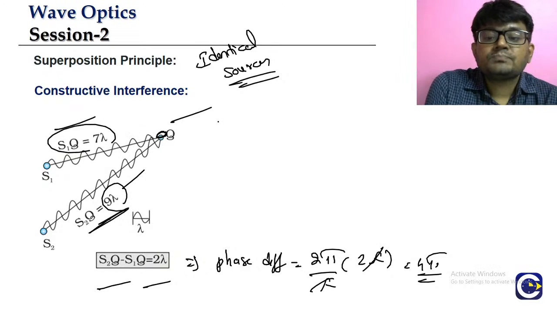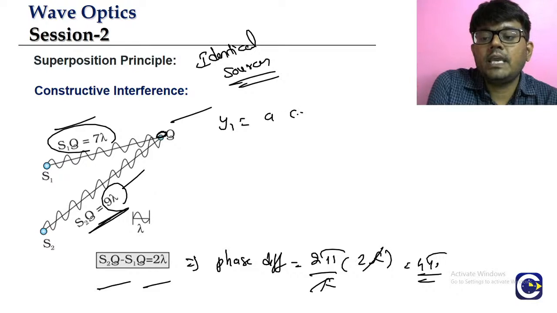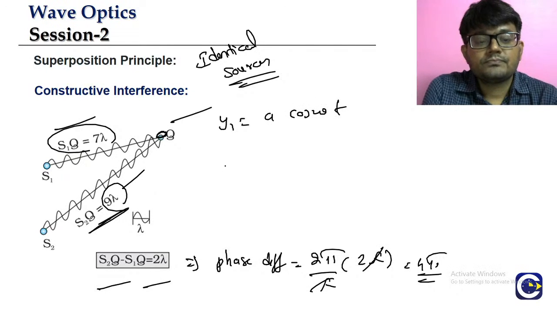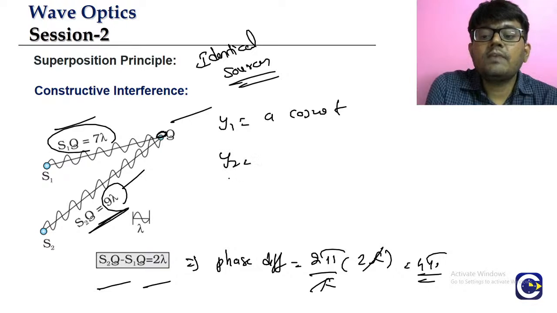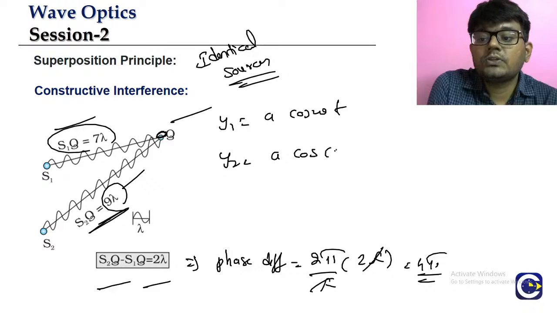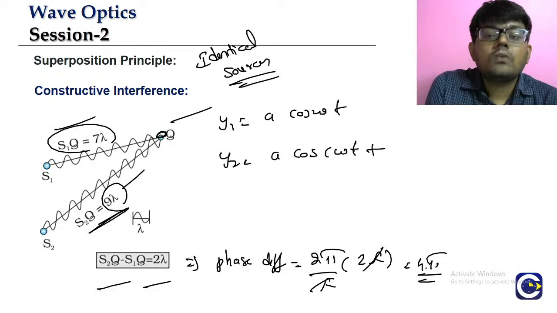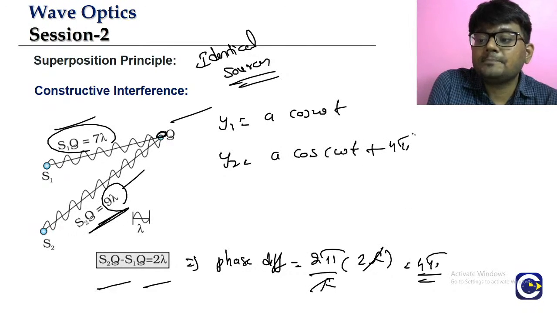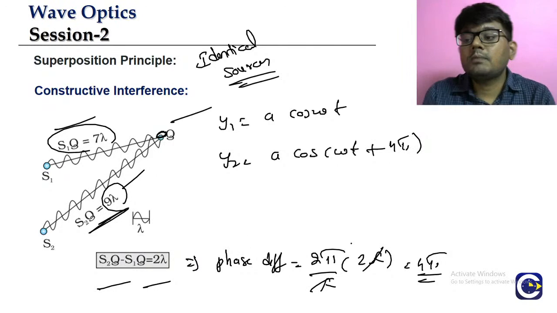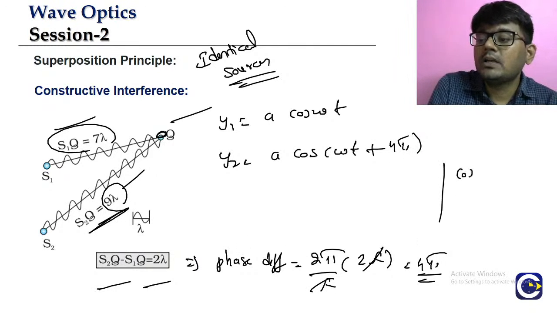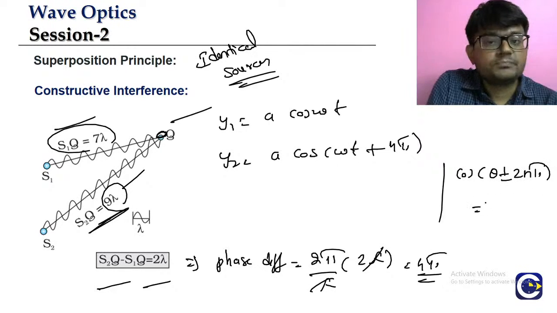Now if the equation for the wave coming from source 1 is A cos omega t, then the equation for the wave coming from source 2 is A cos omega t plus 4 pi. Remember for cos, cos of theta plus or minus 2n pi, n is an integer, is cos theta.